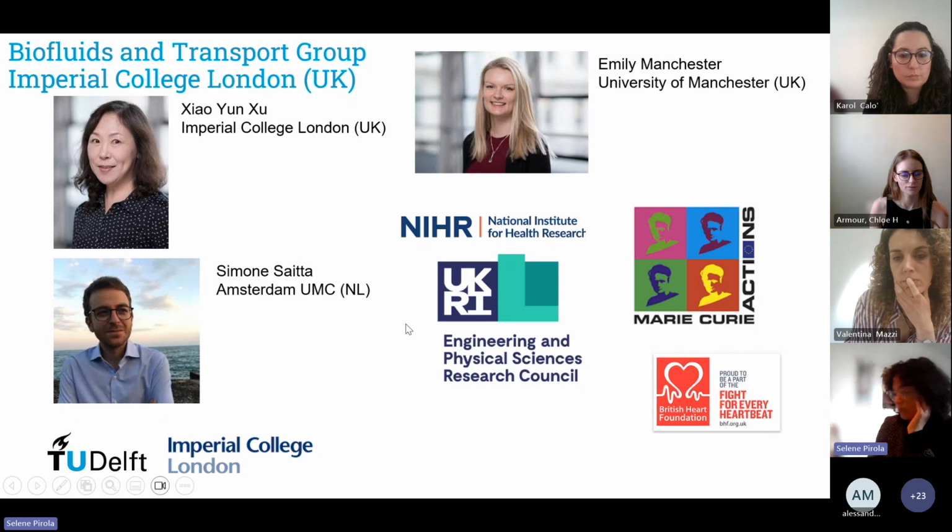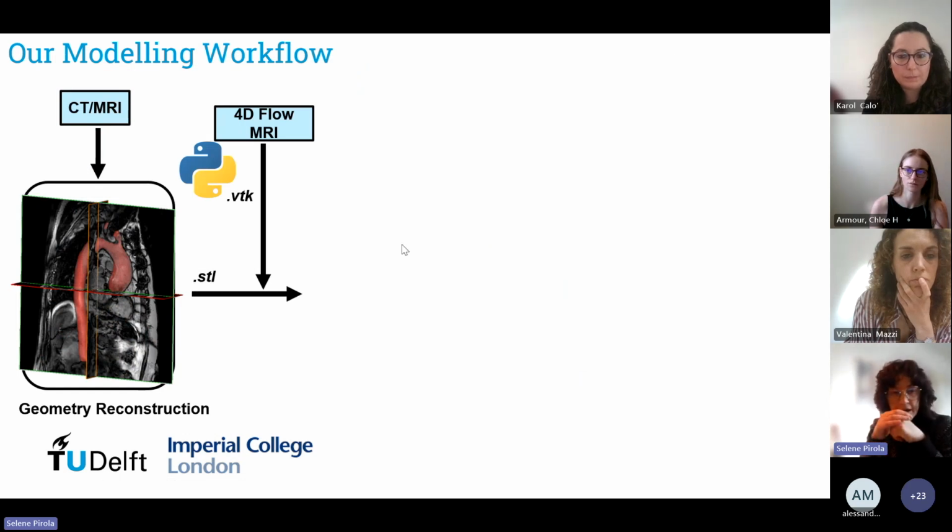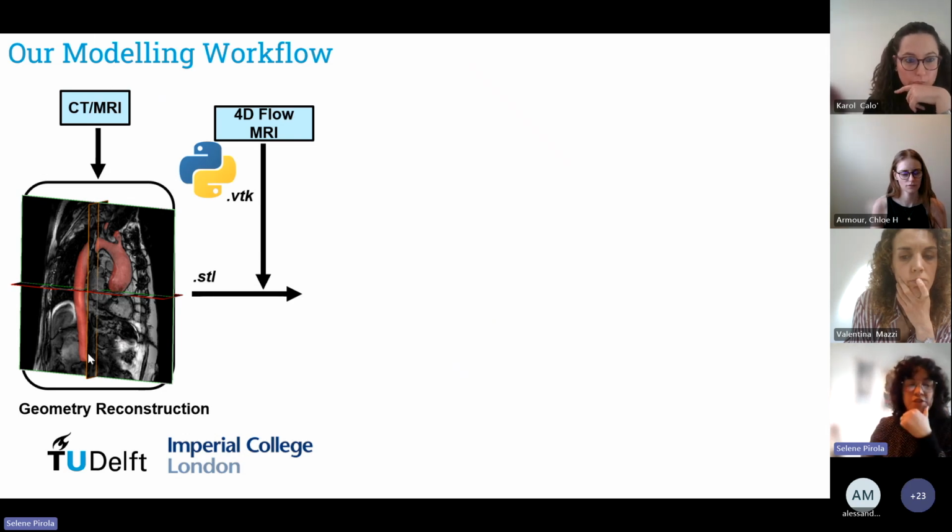As promised, I will start with a quick overview of how our CFD workflow is set up. Like everyone, we build our model to be patient specific, so we start from medical images, either CT or MRI data.